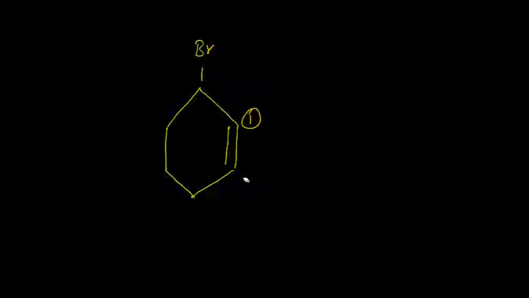If you make this one as one, and the numbering goes through the double bond, this will be two, and we will move through the double bond.